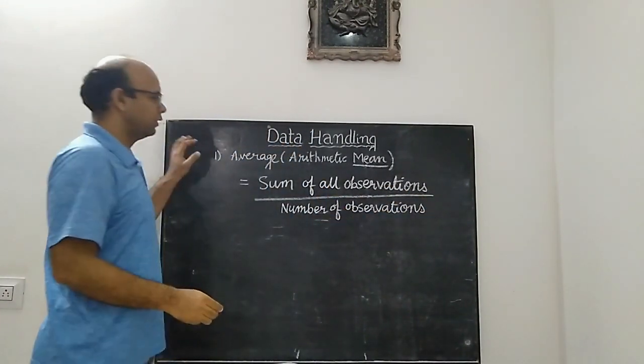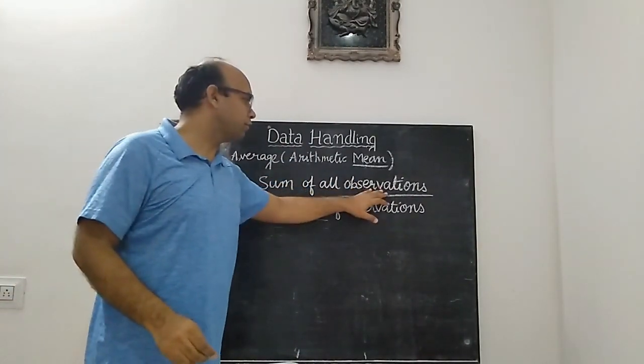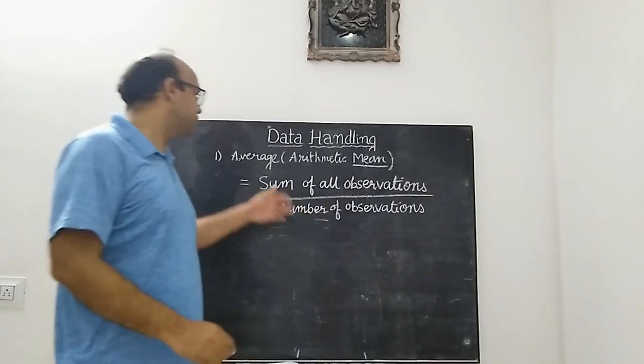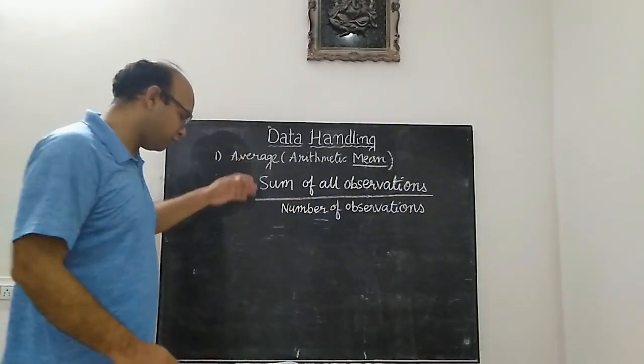So what we do is, we take the sum of all the observations and we divide by the number of observations and we get the average value over there.